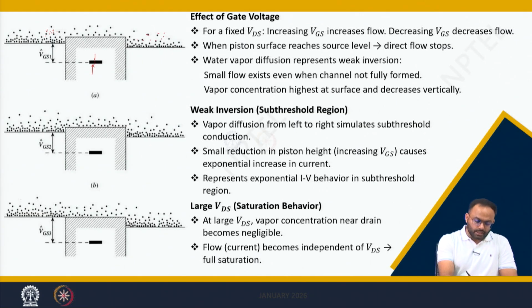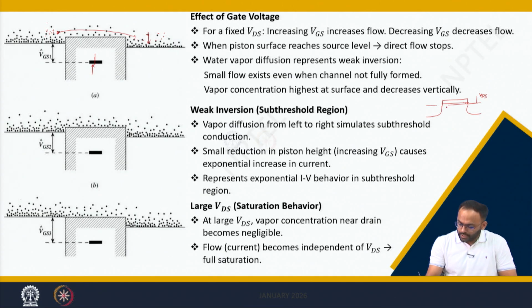Even if VGS is low and you increase the level difference a bit between the source tank and drain tank, the water vapors will go from this concentration to this concentration. This is similar to the MOSFET. If VGS is low enough, or you are in depletion or weak inversion, and you increase VDS, there is a very small flow of current, or a very small flow of charges. This is the weak inversion part.